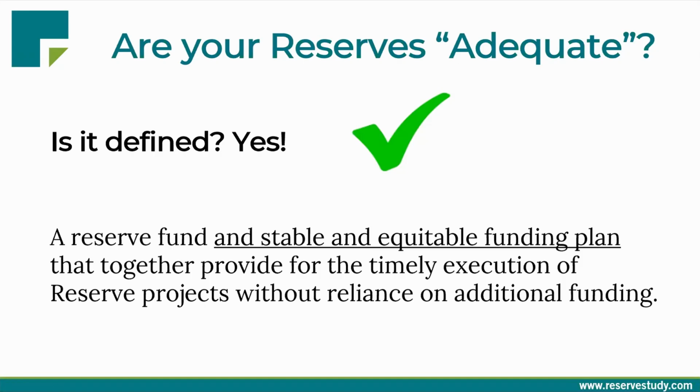That's the definition of adequacy. That's what we're trying to accomplish here. Stability, funding, sufficient funds so the projects can get done on time. So it's a combination of cash in reserves and a funding plan that's going to be smooth and reliable and faithful. And the result will be that you have sufficient funds to get things done at the right time.